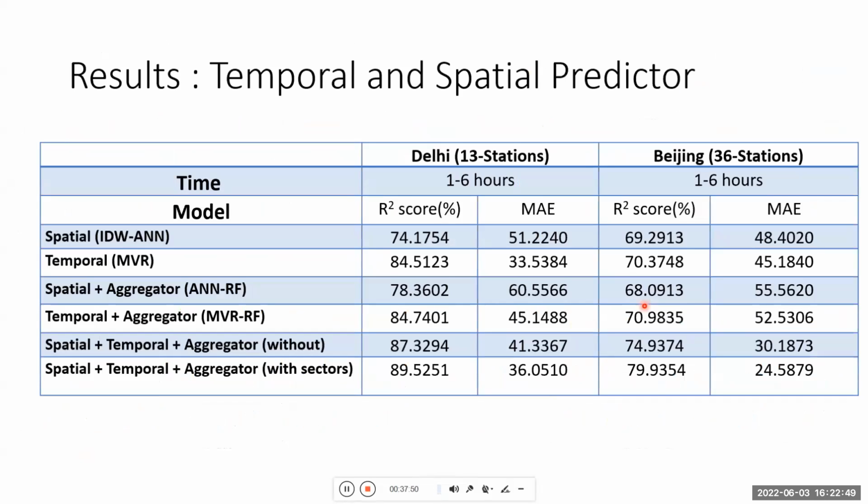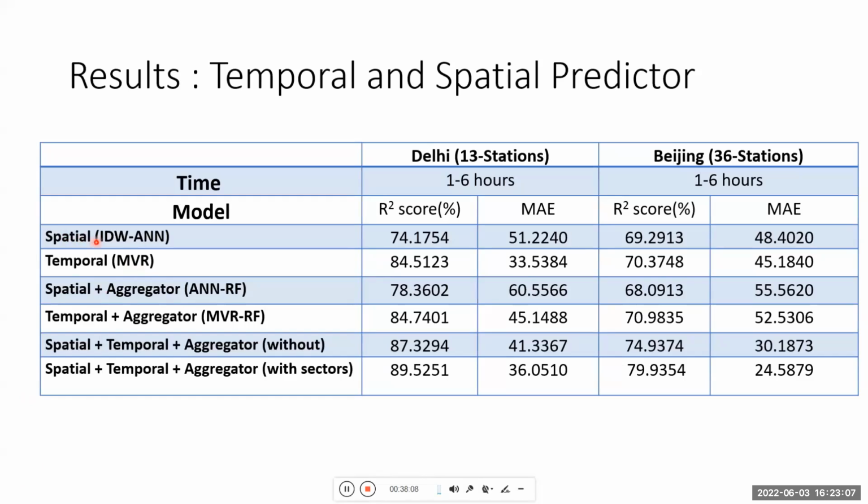So if I come to the summary of the results, the temporal and the spatial predictor, it shows the R square score and the mean absolute error.